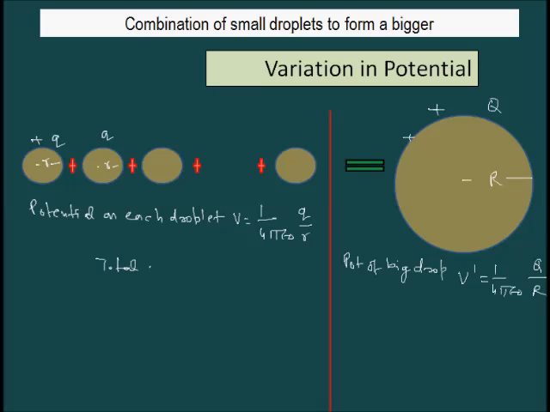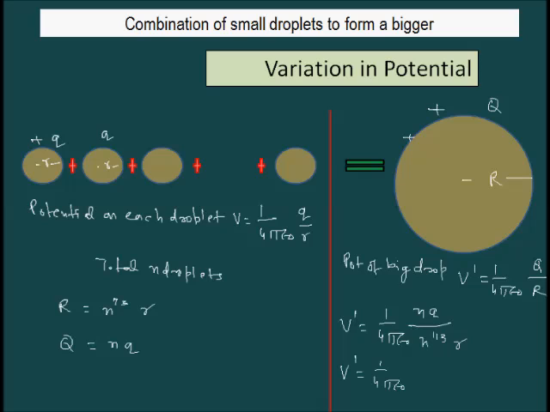We know that total n droplets are there, and we already have the relations of radius, n to the power 1 by 3 r, and total charge nq. So the potential on the bigger drop, on placing these, is 1 upon 4 pi epsilon 0 nq by n to the power 1 by 3 r, which gives 1 upon 4 pi epsilon 0 n to the power 1 minus 1 by 3 into q by r, that is n to the power 2 by 3.